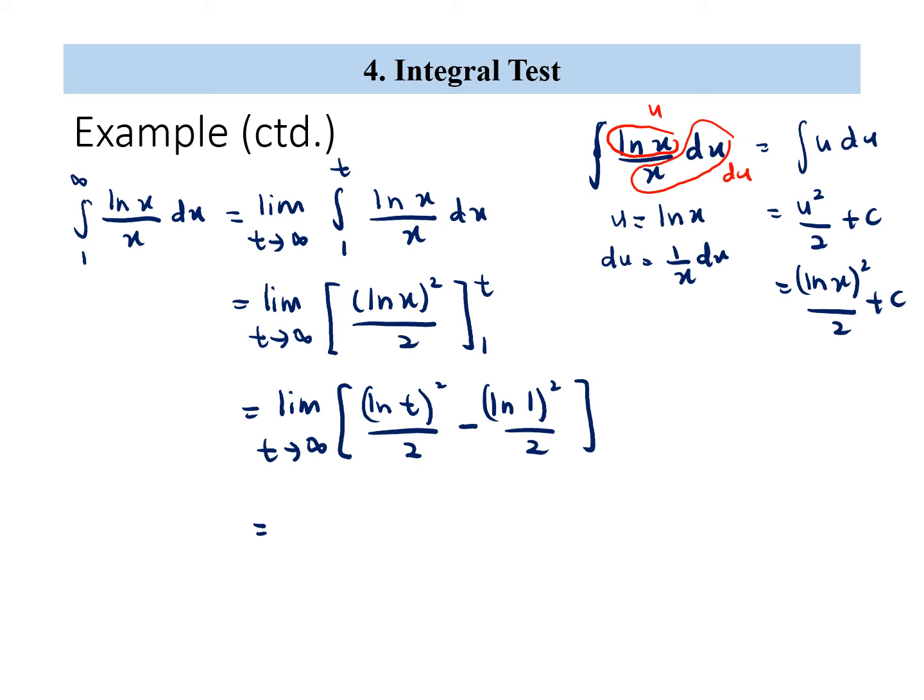So now this becomes 0 and this becomes infinity. So the integral shows that the integral is equal to infinity, meaning that the series diverges.